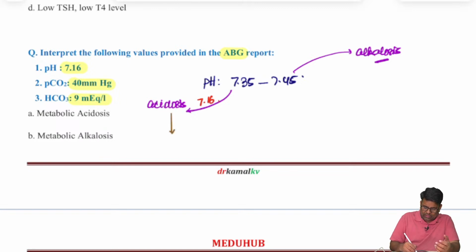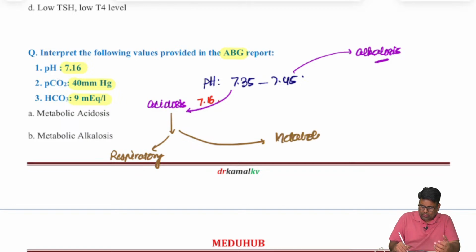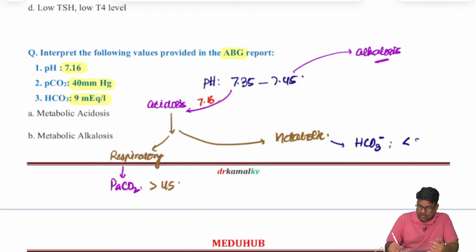Once I said if there is acidosis, we have to rule out whether this is respiratory or whether it is metabolic. What you will do, you look at the values of the PaCO2 and the bicarbonate, right? So for respiratory, you have to check PaCO2, which should be more than 45, and for metabolic, you have to check bicarbonate, which should be less than 22.